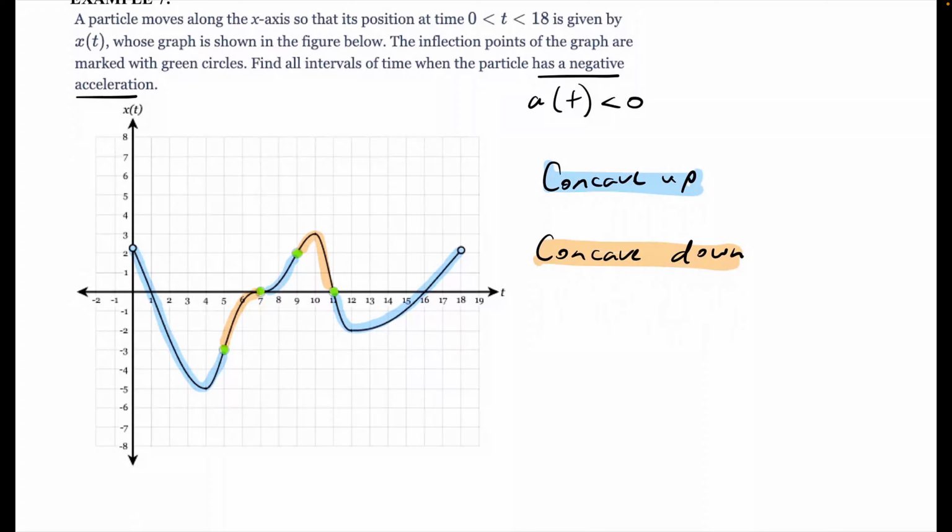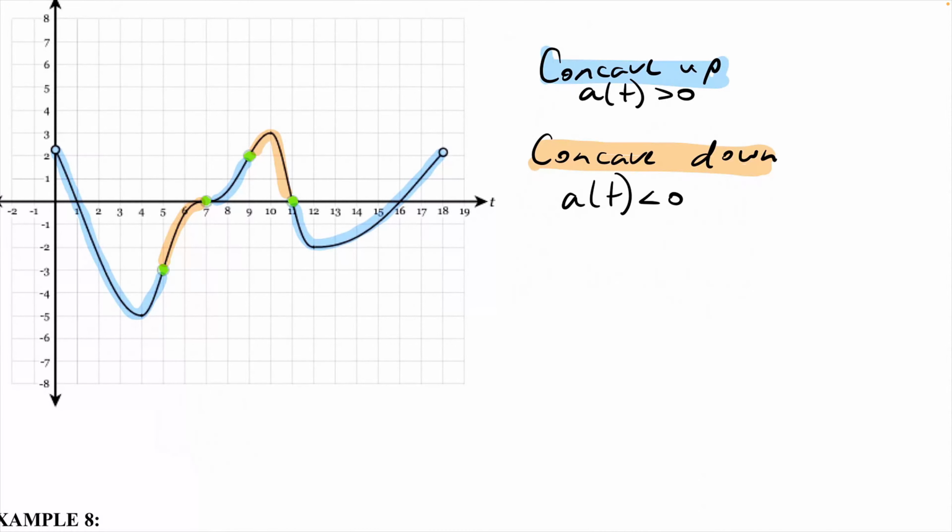Okay? So negative means concave down, right? So we're just looking for the orange now. All we're looking at is the orange.